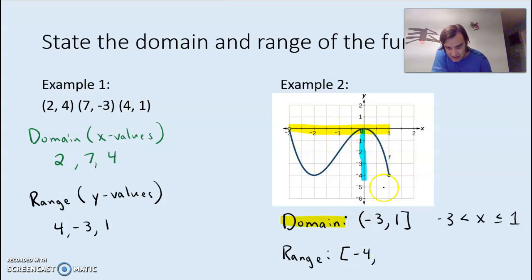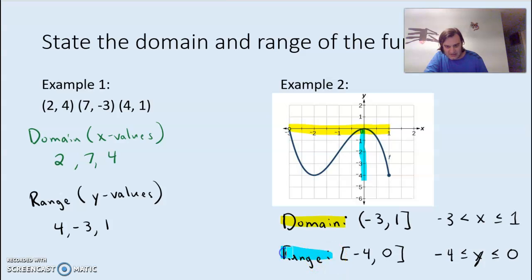And the largest is 0. Be careful because here in the middle it's included, whereas on the end it's not. So in inequality notation, the range runs from -4 less than or equal to y, less than or equal to 0. So that's what we have in that example.